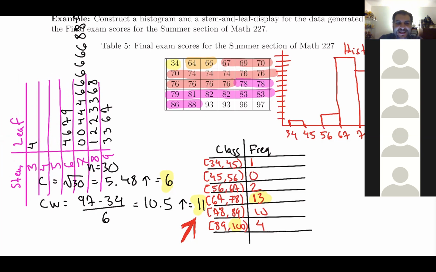If you look at my stem and leaf plot and my histogram, they have the same shape. Pretty much for the shape, what type of shape does it have? Is it skewed to the left, skewed to the right, or does it look symmetric?